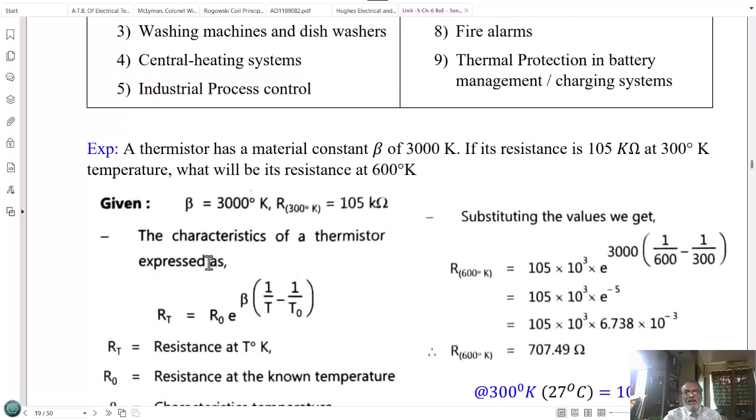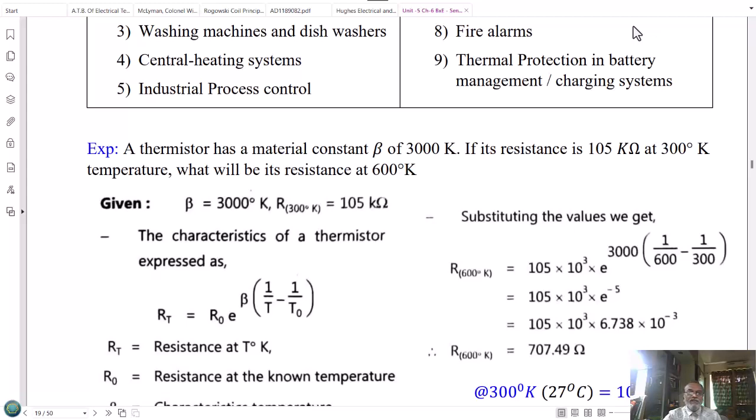Sometimes in your examination there will be a question as shown in the example. A thermistor has a material constant beta of 3000 degree Kelvin and its resistance is 105 kilo ohm at 300 degree Kelvin. What will be the resistance of the thermistor at 600 degree Kelvin?